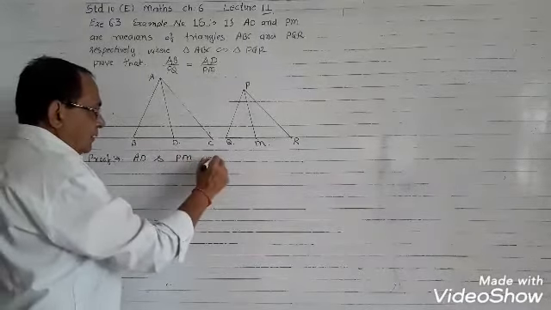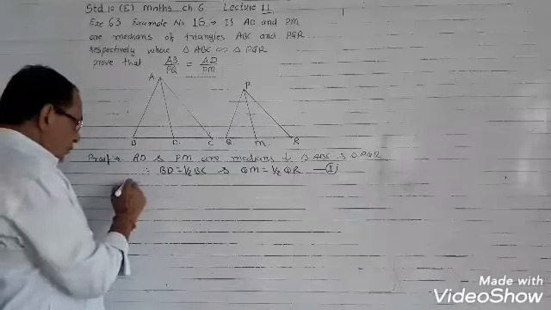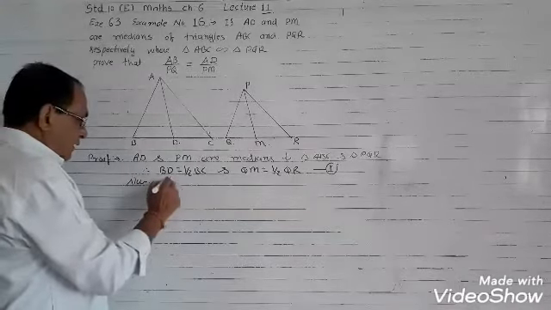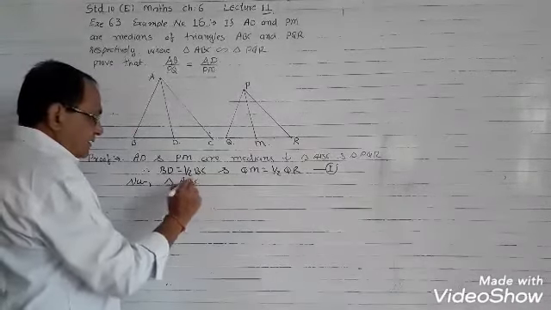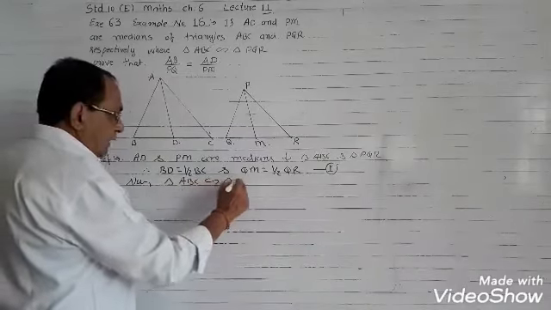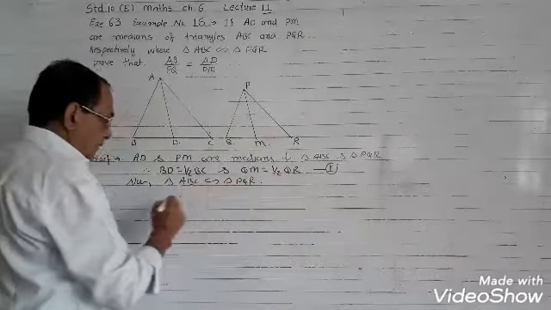Therefore, BD is equal to 1 half BC and QM is equal to 1 half QR. Both are result number 1. Now you are given that triangle ABC is similar to triangle PQR.